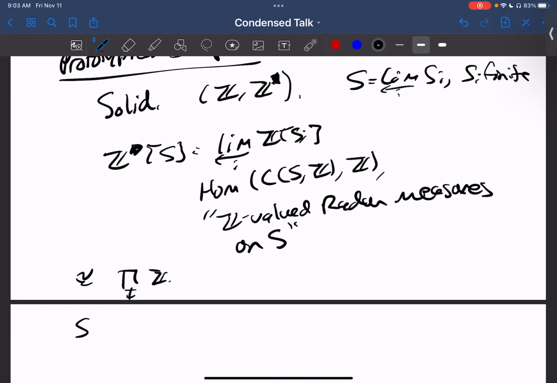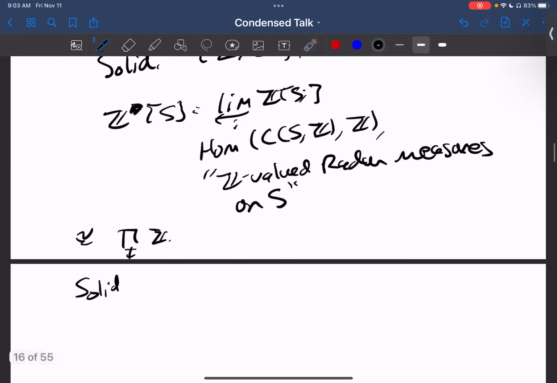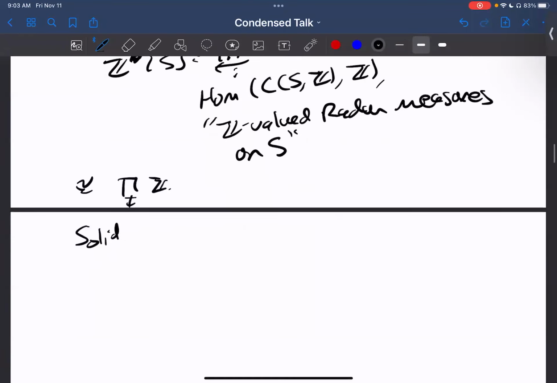So solid is also defined. Solid is the module category for this analytic ring. And the subcategory of condensed abelian groups that solid determines is the full subcategory.